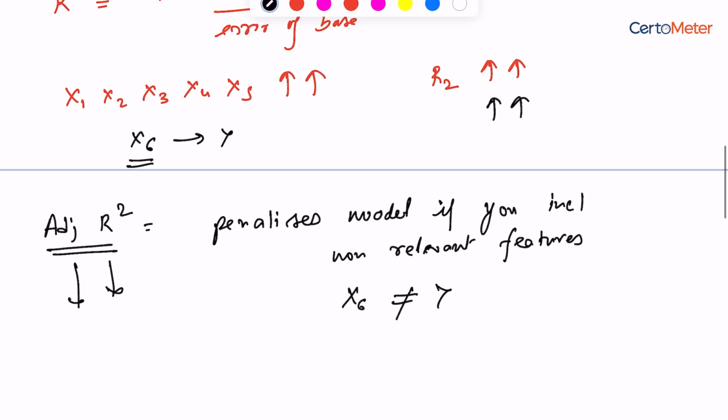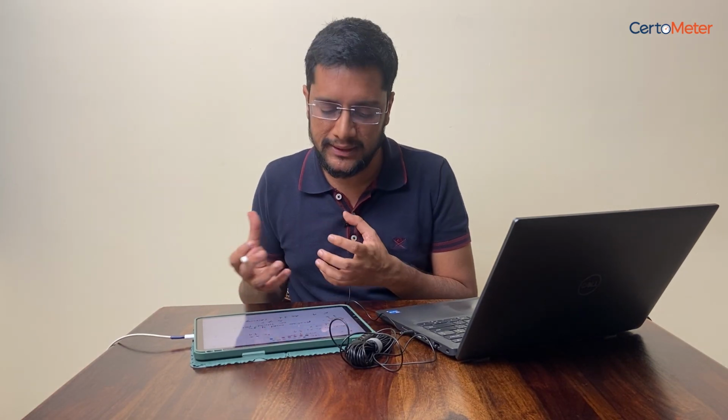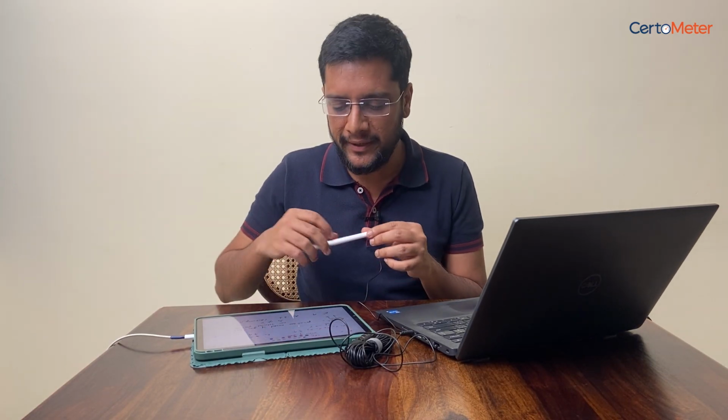So remember one thing, whenever you include a useless input variable, your R square will increase, but your adjusted R square is going to fall. And that is why adjusted R square is more preferred in terms of accuracy of the model. And this is how the metrics in a machine learning model work. These are the 5 or 6 main metrics of any machine learning model.